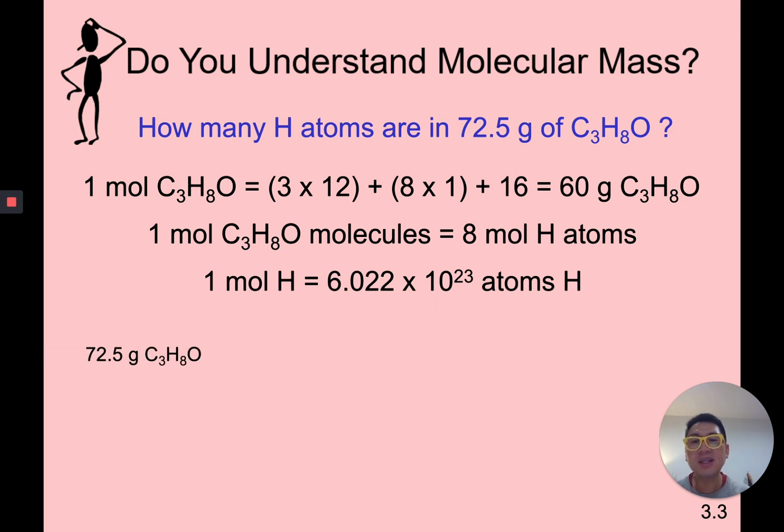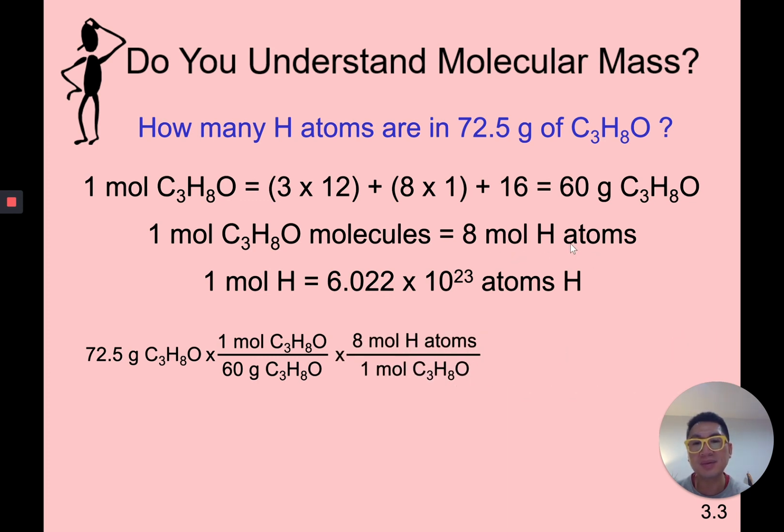So I'm going to start with the given, 72.5 grams. I'm going to change my grams to moles. Here, 60 grams, I'm going to put that in the denominator, is 1 mole of this stuff. Then I'll have moles of C3H8O. Once I have that, I can change to the number of hydrogen atoms. 1 mole of C3H8O is 8 moles of hydrogen atoms.